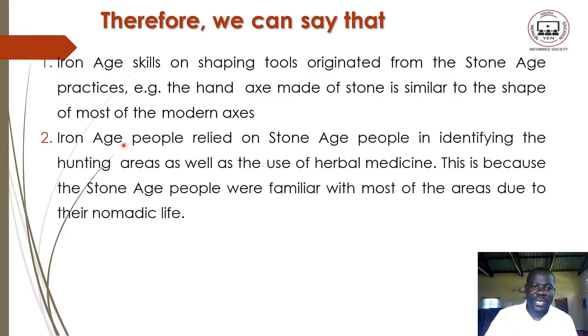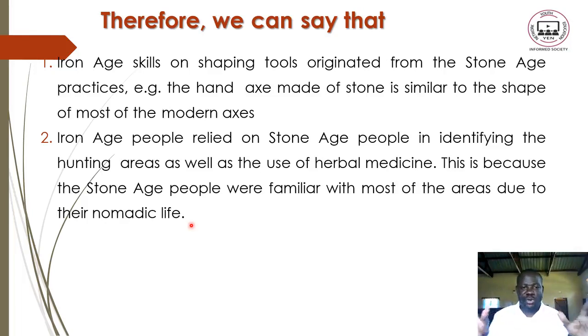Number two, Iron Age people relied on Stone Age people in identifying hunting areas as well as the use of herbal medicine. This is because the Stone Age people were familiar with most of the areas due to their nomadic life. When the Iron Age people came in, they depended much on the Stone Age people, because those Stone Age people were living a wandering life, here today, there tomorrow.